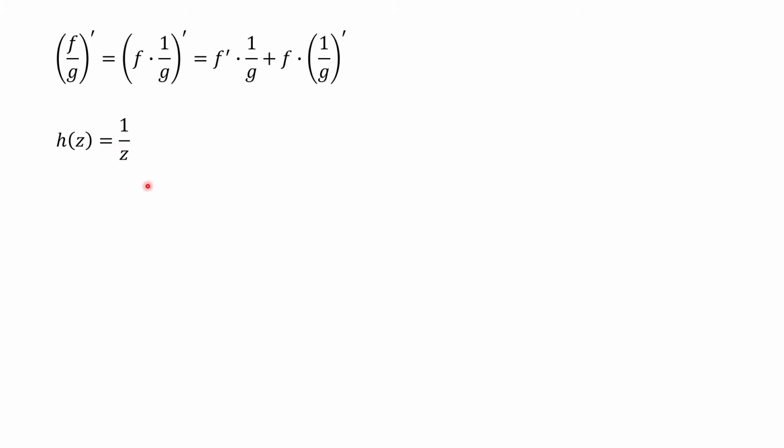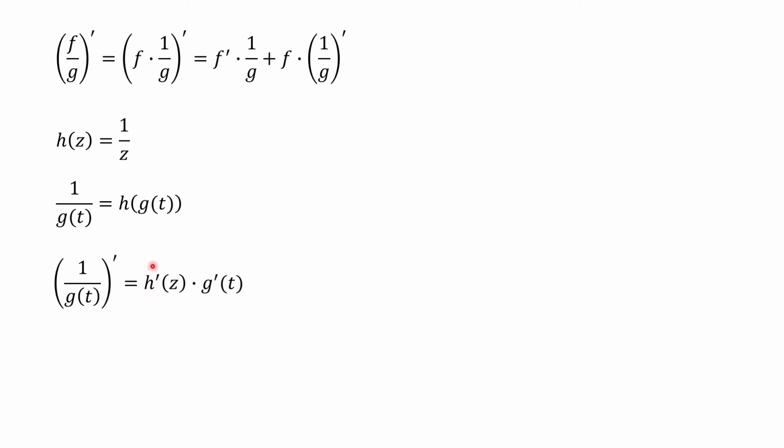If we represent function h like this, it's easy to see that 1 over g is nothing but h of g of t. So when we say h of g of t, we take z equals g of t and plug it there.